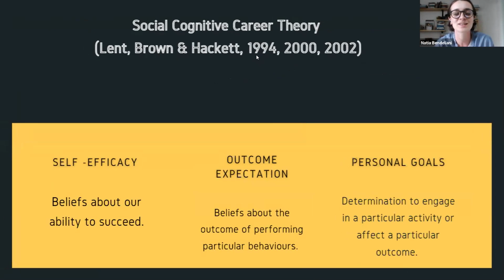And as one of our presenters already mentioned, the concept of self-efficacy is derived from Bandura's social cognitive theory, which has become the foundation of social cognitive career theory. People who believe in their ability to complete the task successfully, required to achieve an outcome, are more likely to engage in and persist at those tasks.